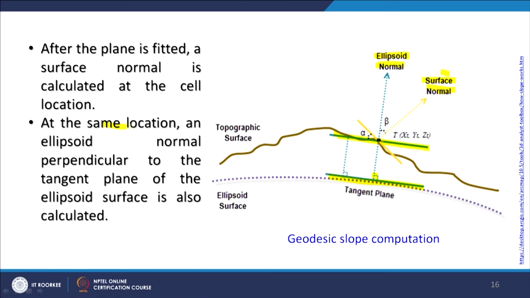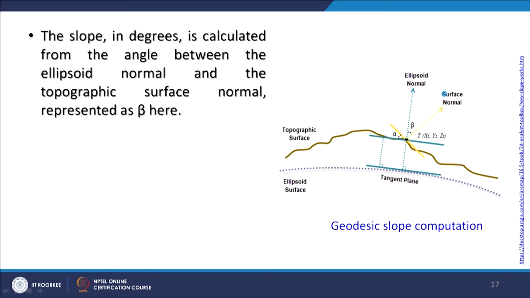The surface normal, which is perpendicular to the tangent, is represented here with blue lines. It is taken above the topographic surface. In the same location, an ellipsoid normal, perpendicular to the tangent plane of the ellipsoid surface, is also calculated. So, here is one normal, the ellipsoidal normal, and here is another normal, which is the surface normal. All these have to be calculated.